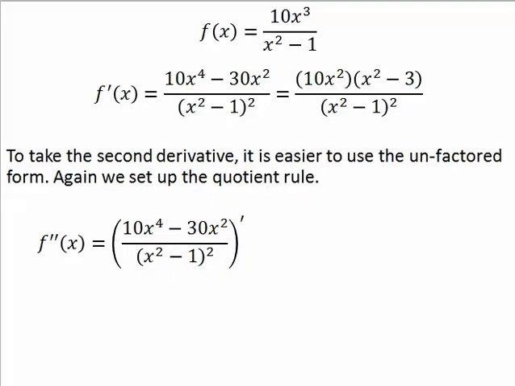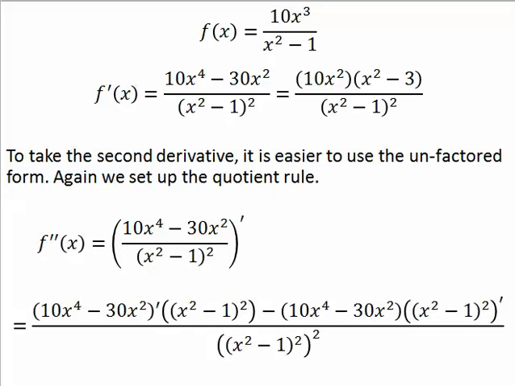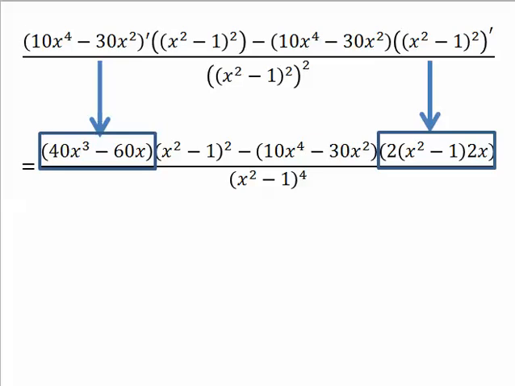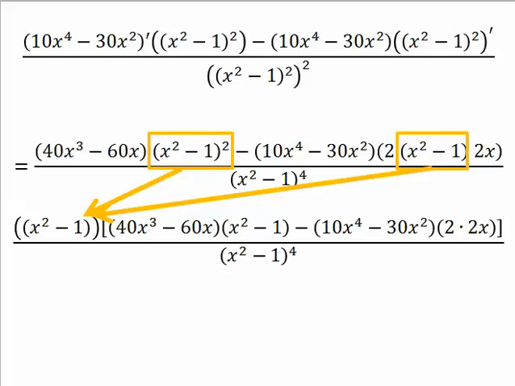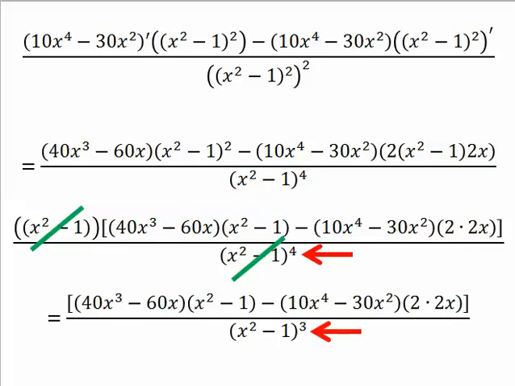Second derivative. Quotient rule, individual derivatives, factor x squared minus 1. Cancel the identical factor in the numerator and the denominator.